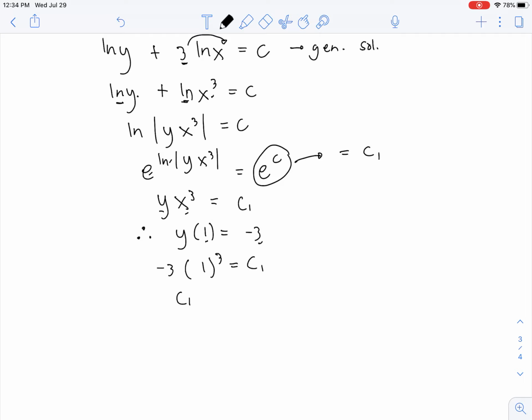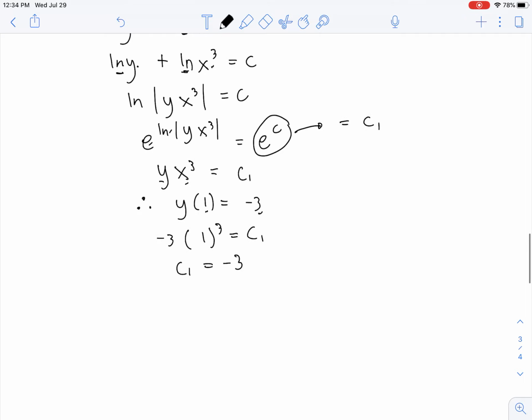Okay, so c sub 1 is just negative 3. Since we now have the value of c sub 1, we can substitute this to c sub 1 right here. So the particular solution of the given dE is just yx raised to 3 is equals to negative 3. Okay?